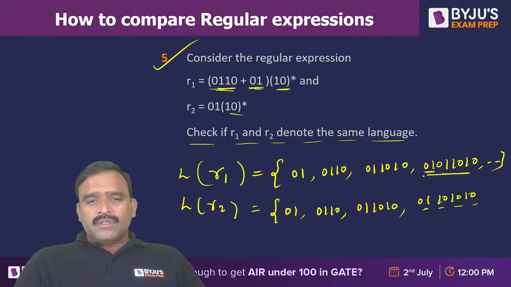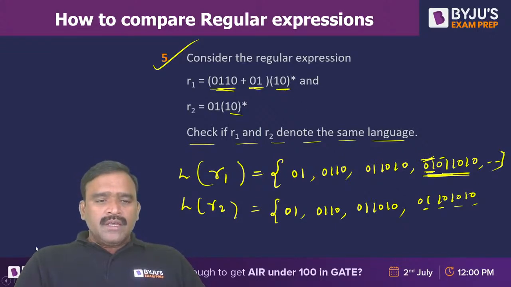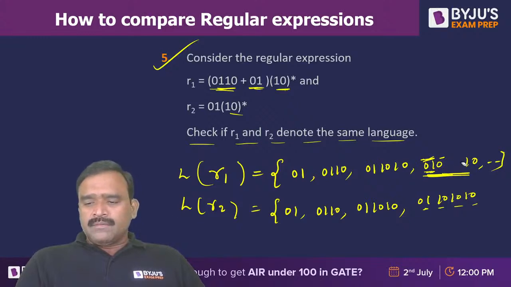This type of string is not possible. Just a moment, whether this thing is possible or not, you can verify. 01 followed by 01, two times it's not possible. There is no whole star there. So this type of string in L of R1 is not possible actually.